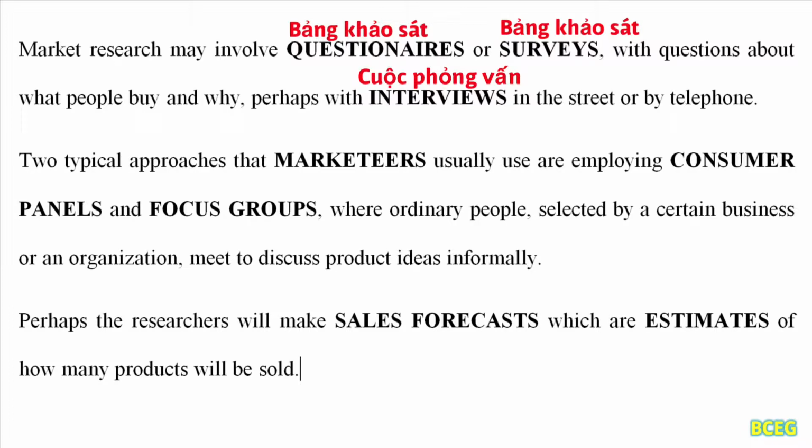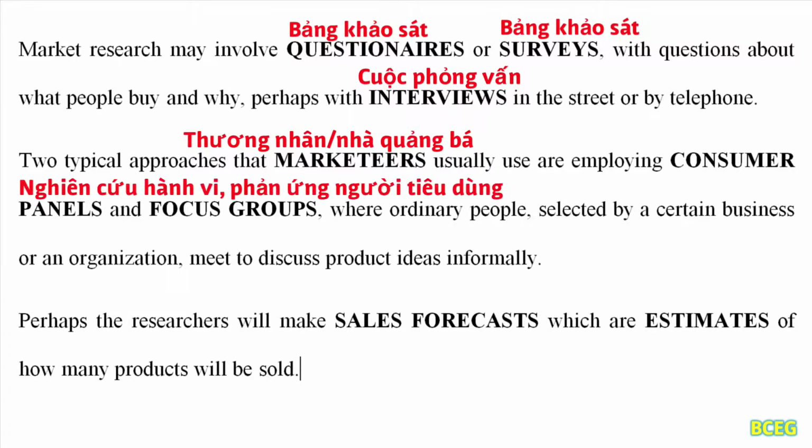Two typical approaches that marketeers usually use are employing consumer panels and focus groups where ordinary people selected by a certain business or an organization meet to discuss product ideas informally. Perhaps the researchers will make sales forecasts, which are estimates of how many products will be sold.